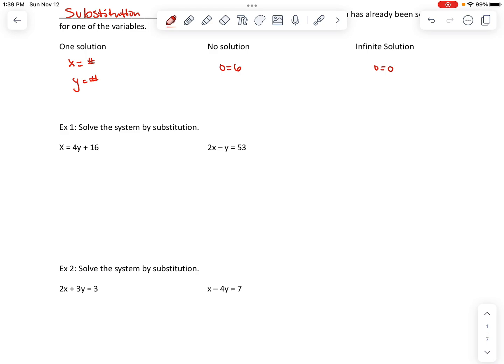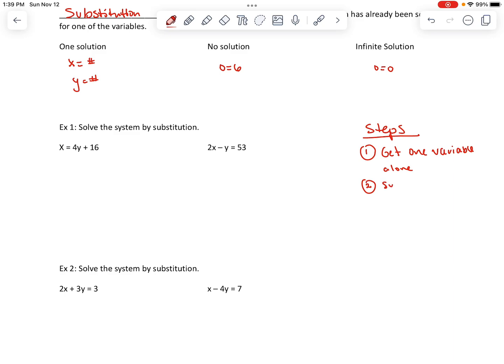So for our first example, your goal is to get a variable by itself. Looking at this, we have x by itself. So let's read your steps. Step 1: get one variable alone.